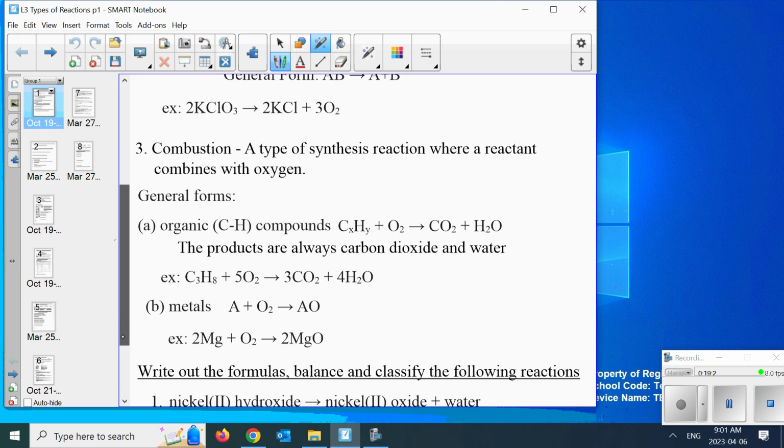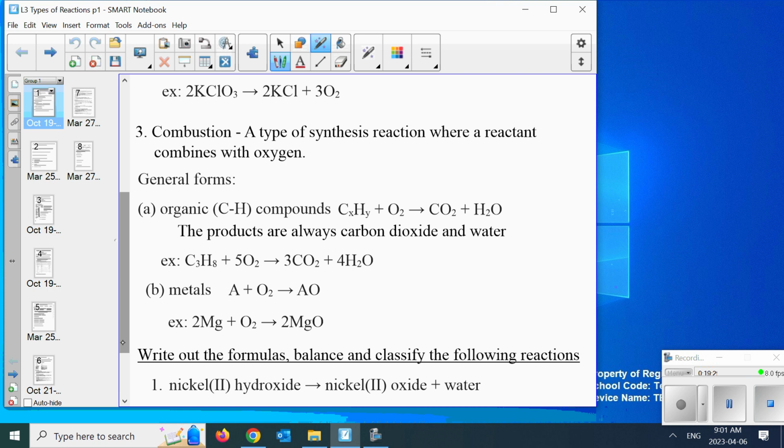Now, there's two general forms. Organic compounds like in your body, or just burning a log, a piece of paper, gasoline, or in this case, propane. They're carbon-based, and it always works this way. If you see something with C's and H's, that's why I have X and Y as numbers, combining with oxygen. We're going to assume that it's 100% clean burning.